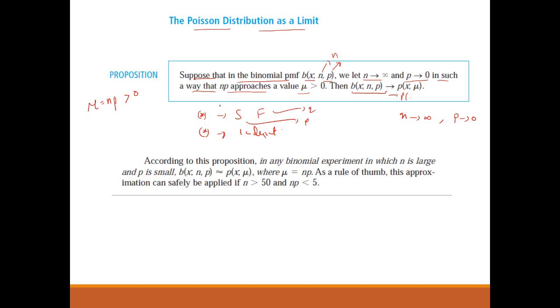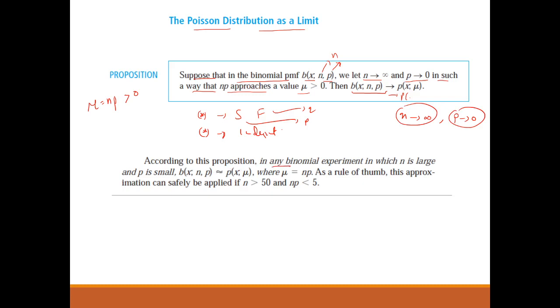If all these conditions are satisfied by a distribution, and if n is very large and p is very small, then a binomial distribution tends to a Poisson distribution.